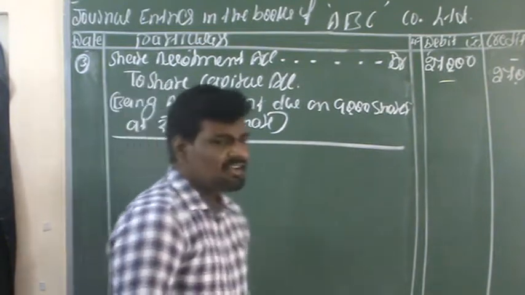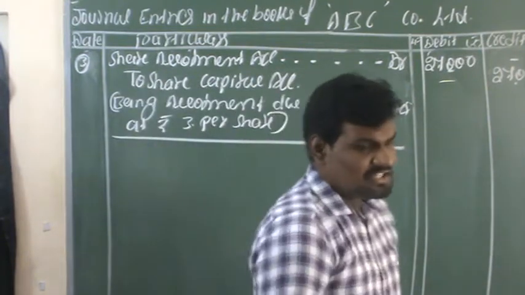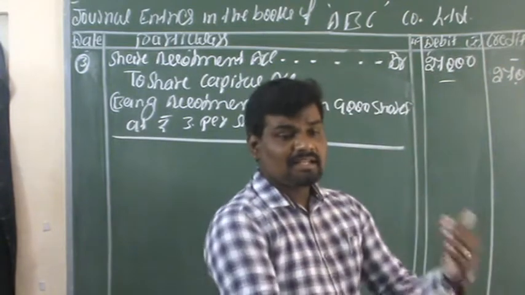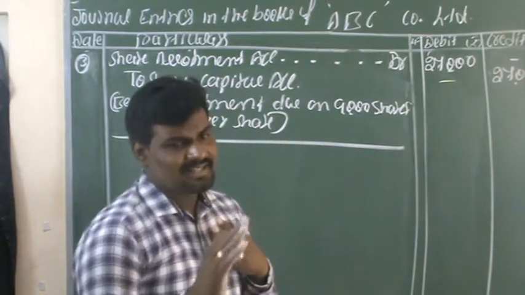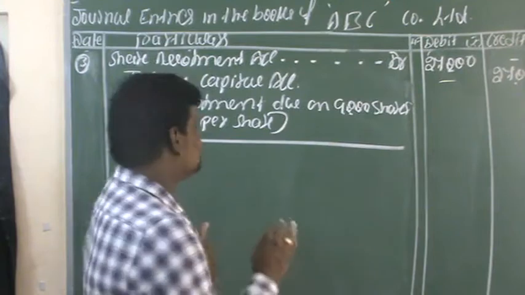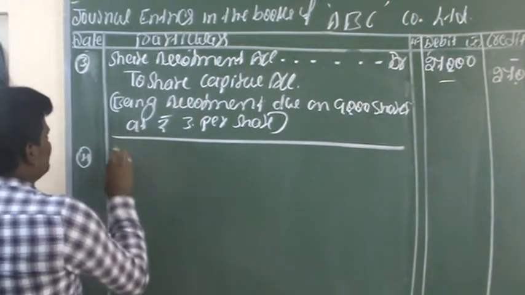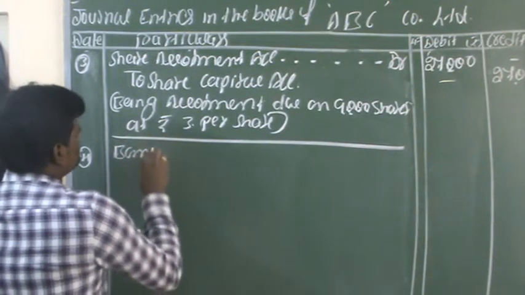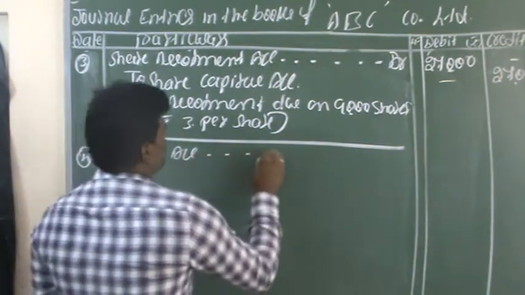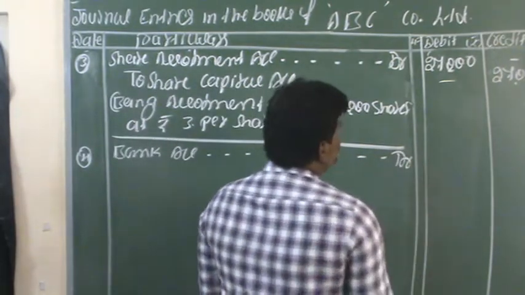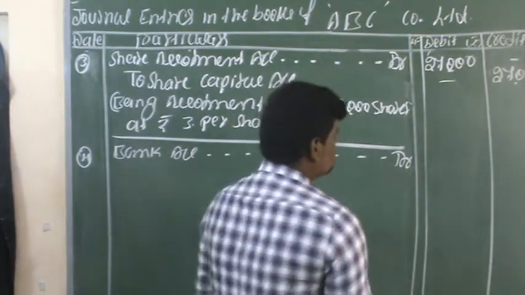So after the completion of the third entry, the next one is related to the allotment money received. Received means nothing but bank account only. The next, fourth entry: bank account debit.